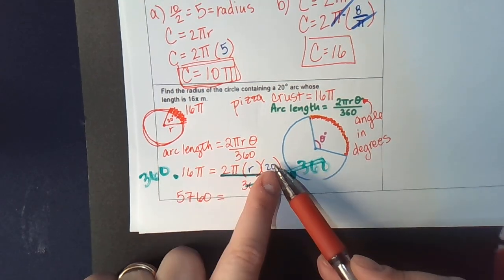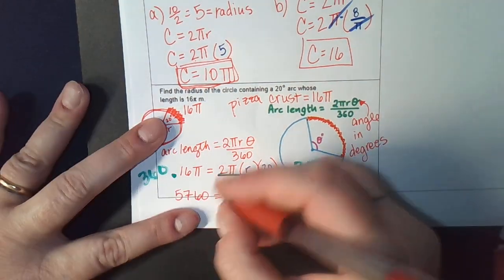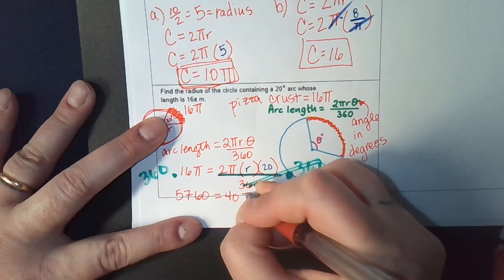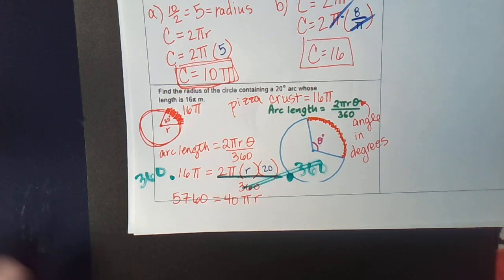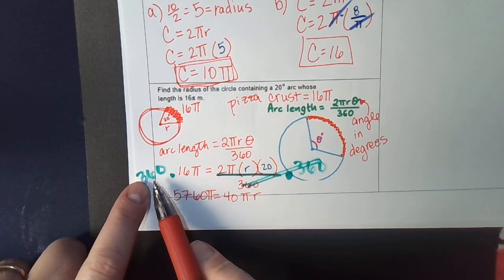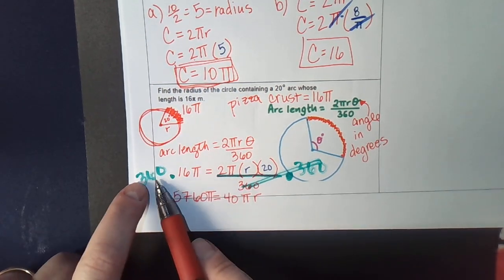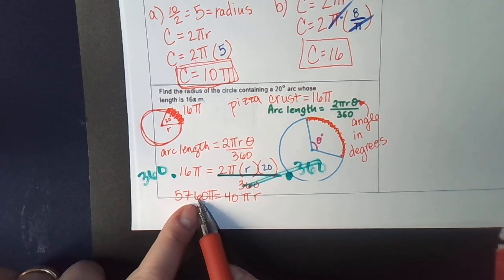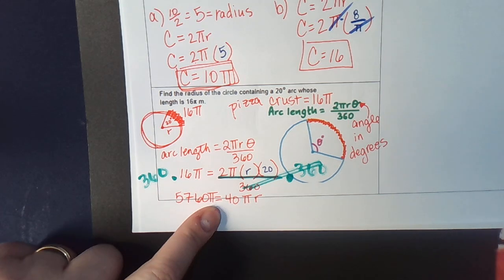What's 2 times 20? 40. Pi r. Okay, the next thing is, my bad, I forgot this pi on this 5760. 360 times 16 is 5760, but I forgot to write down the pi.